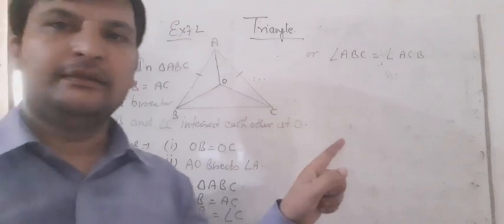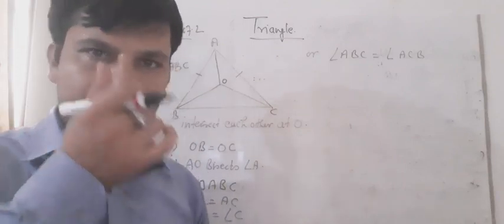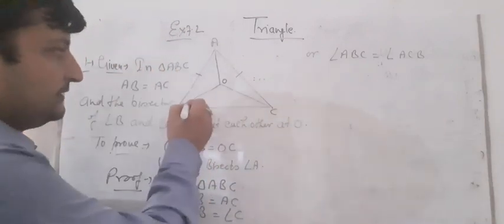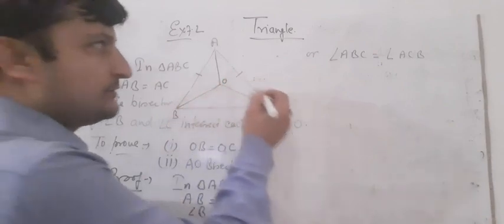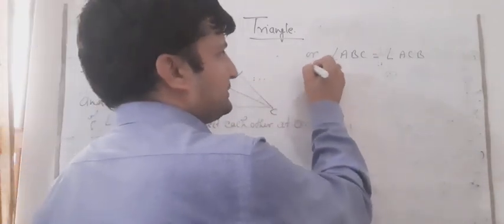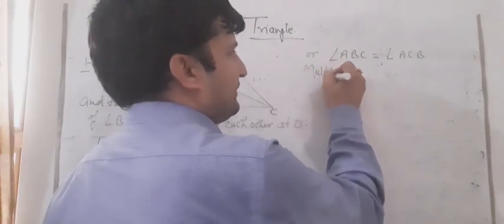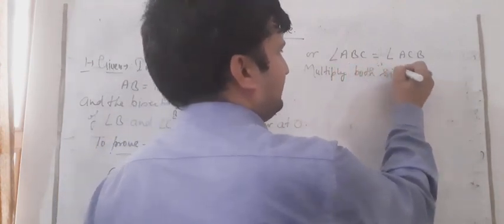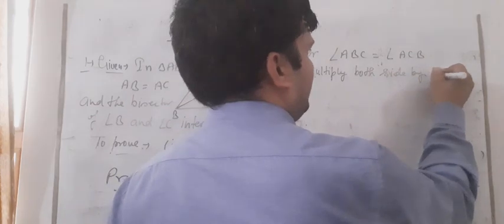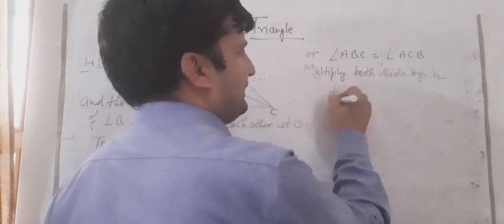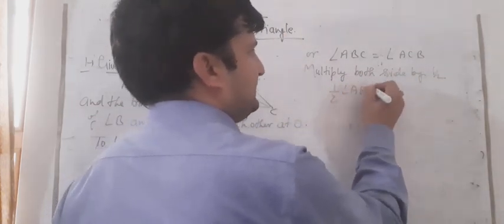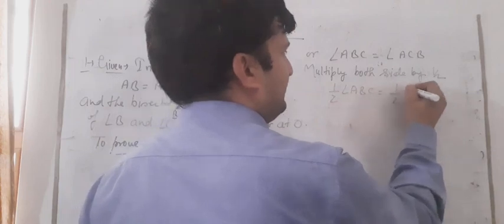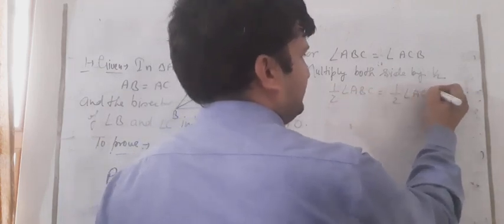Now student, the next thing given is the bisector of angle B and angle C. The bisector of angle B and angle C. So the bisector is given, it means this angle is equal to this angle. So what we will do? Multiply both sides by 1 by 2. So half of angle ABC is equal to half of angle ACB.